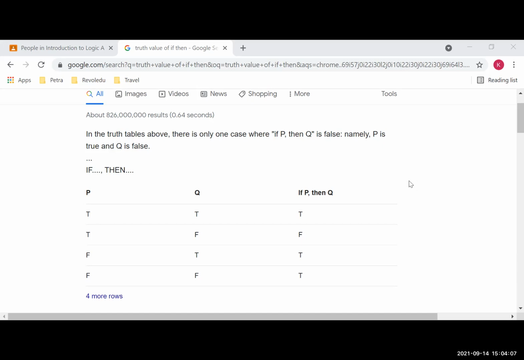So this is something that you will use so often, so you probably want to memorize this. It's so easy to memorize: if P then Q will become false if and only if P is true and Q is false.